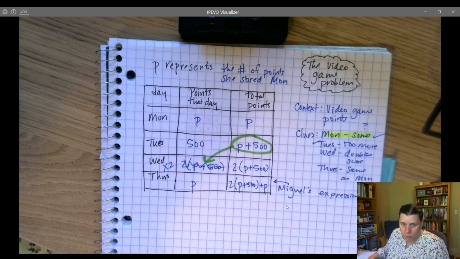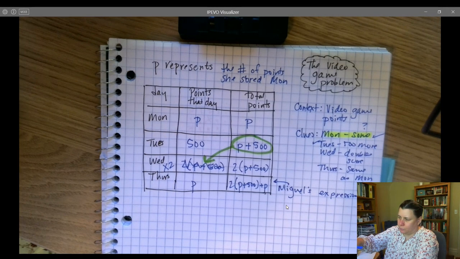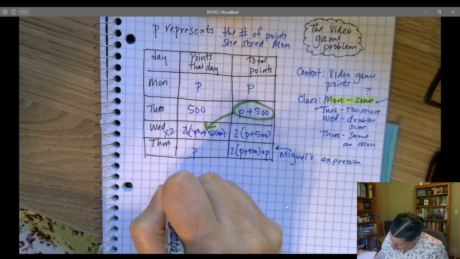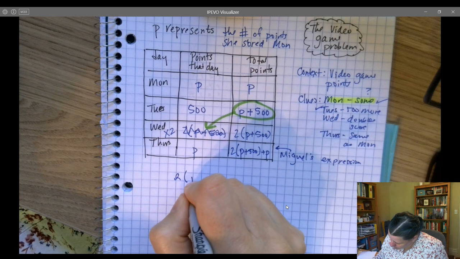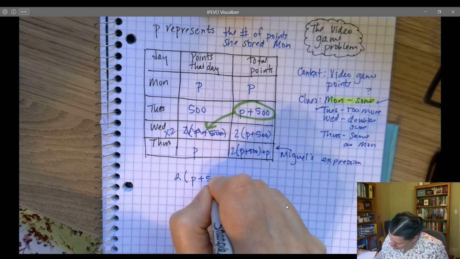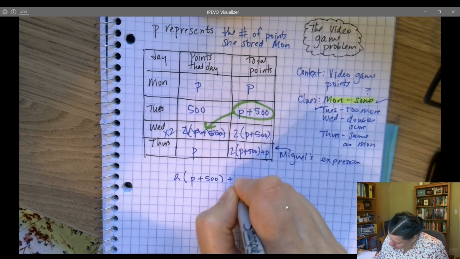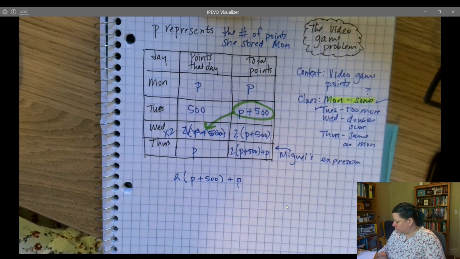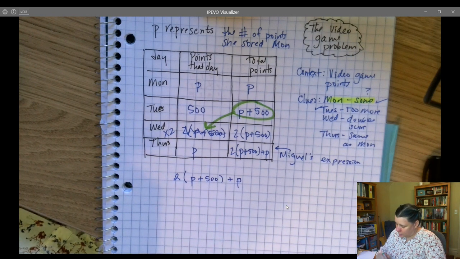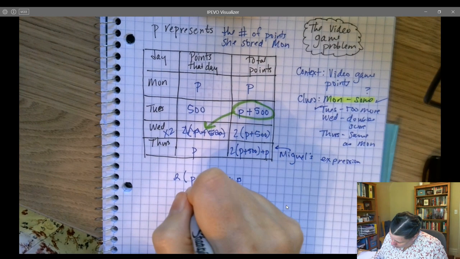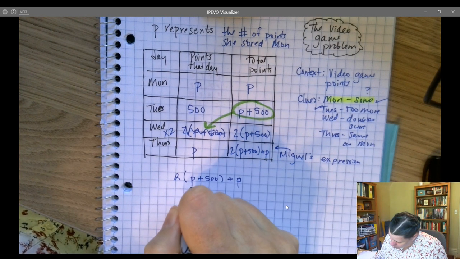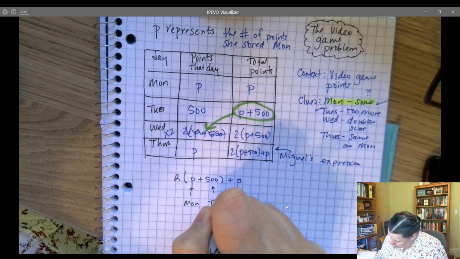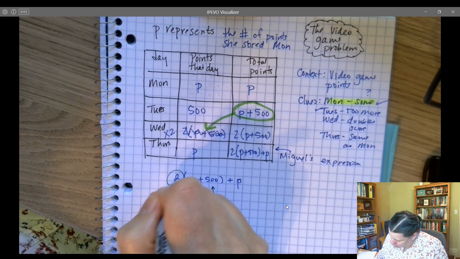Okay. So if we really want to break it down, his expression is this. 2 times parentheses P plus 500 and then plus P. If we really want to break it down all the way to like the smallest things, P, this was how much she did on Monday. 500 is Tuesday.